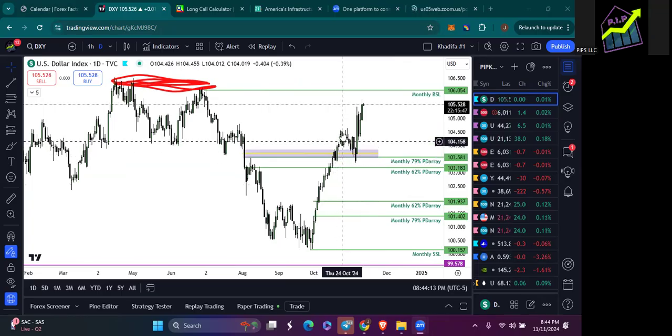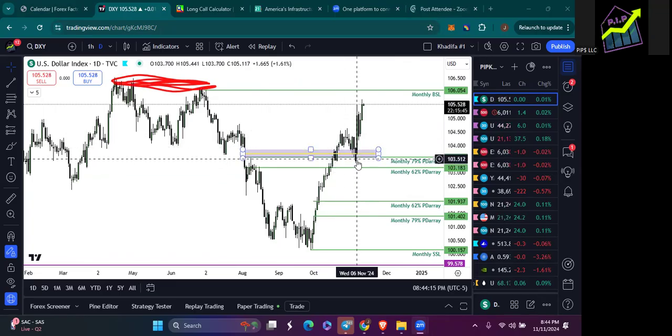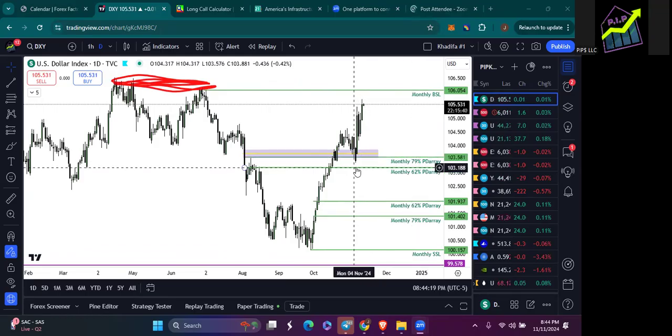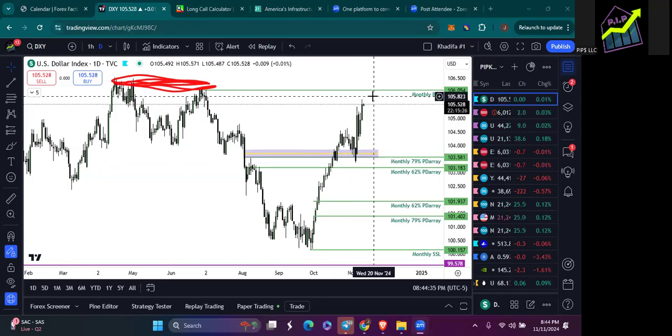So we see the breakthrough, we see price come back down inside of those monthly PD arrays, and then what do we see price do? We see price springboard up to the upside. We see it run bullish off of those levels.